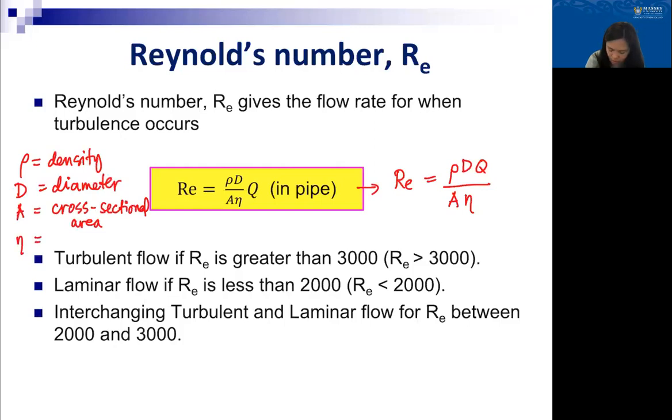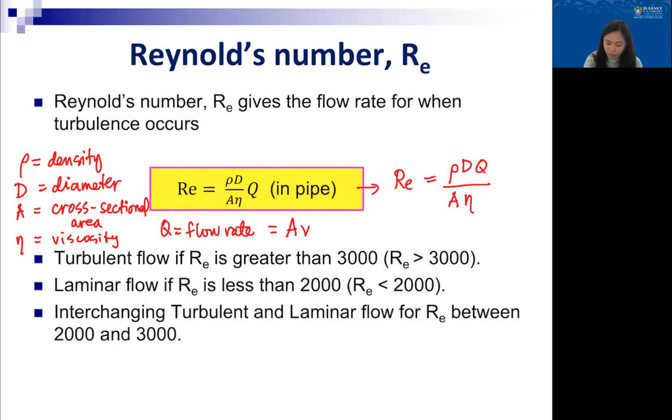Eta is, of course, the viscosity, and Q is the flow rate. So the flow rate is area times speed. That's where the speed comes in when determining whether you have turbulent or laminar flow.